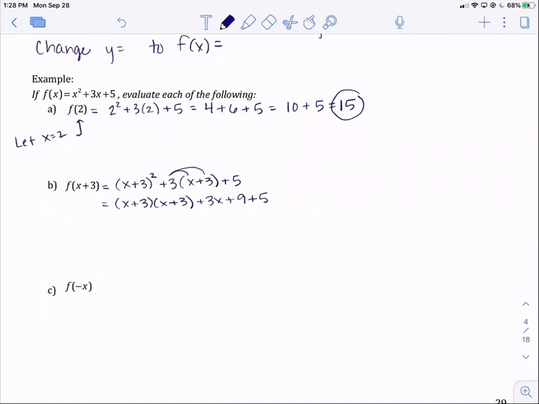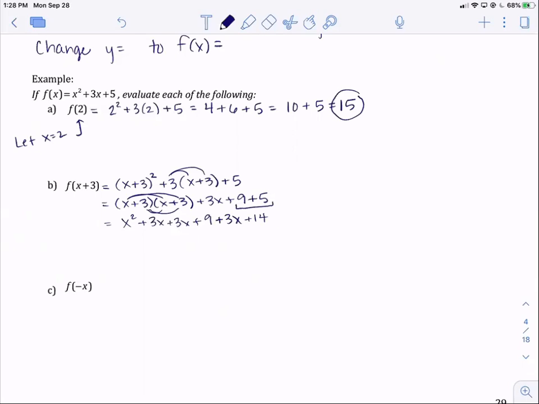Okay, if we FOIL x times x, x squared, x times 3 is 3x, 3 times x, 3x, and 3 times 3, 9. And then bring down the rest. So we have plus 3x. And then let's go ahead and combine. What's 9 plus 5? Plus 14. And then combine like terms again.